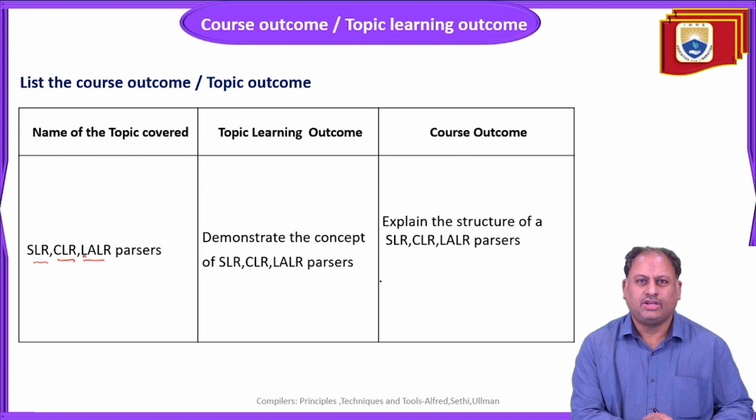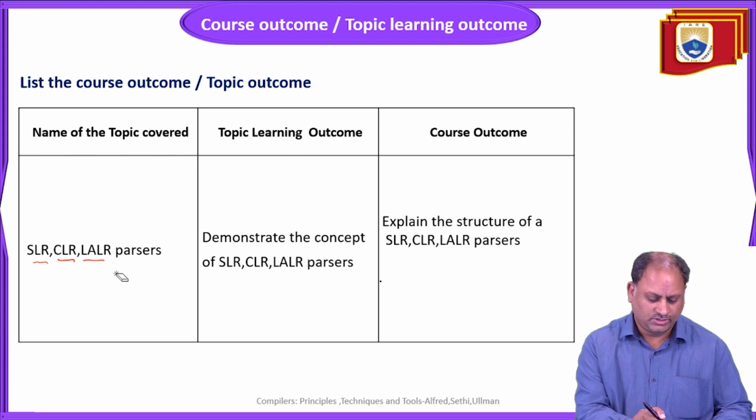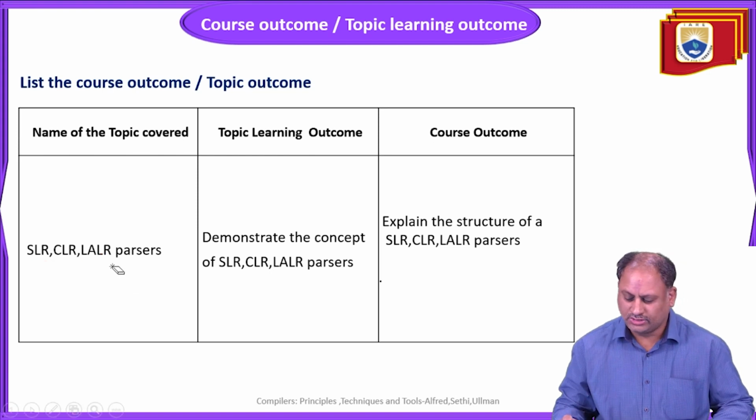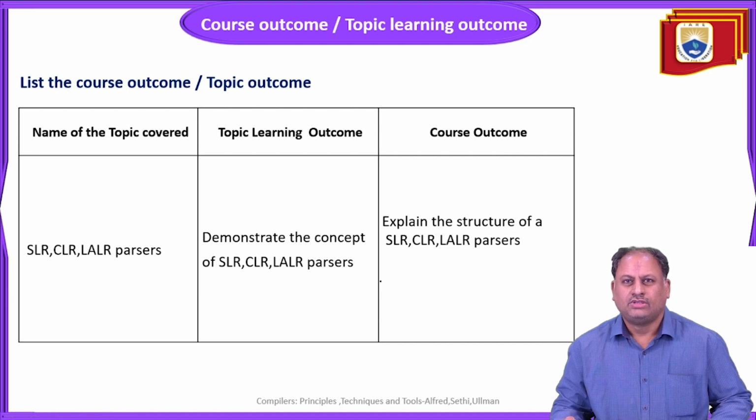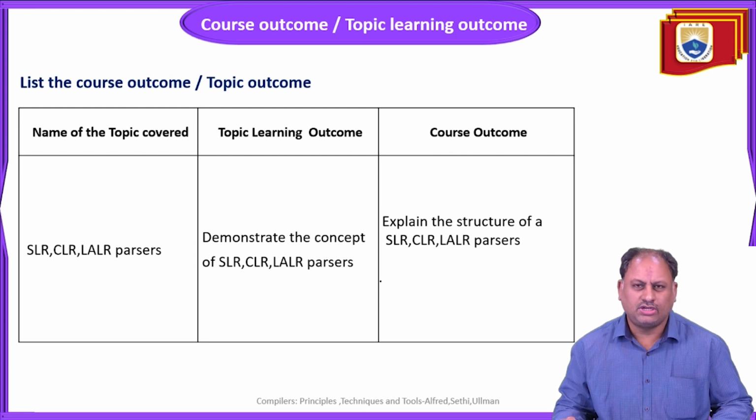CLR means canonical LR parser. LALR means look ahead LR parser. So these three parsers. In the previous session we discussed the LR parser. Now SLR, CLR and LALR parsers: what is the concept, and how the structure, parse table, and data flow diagrams can be implemented in this class.